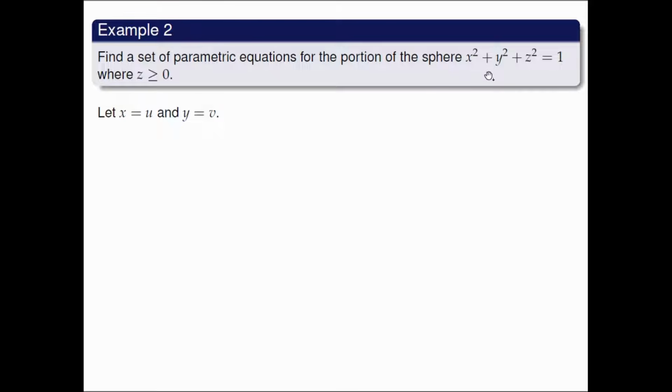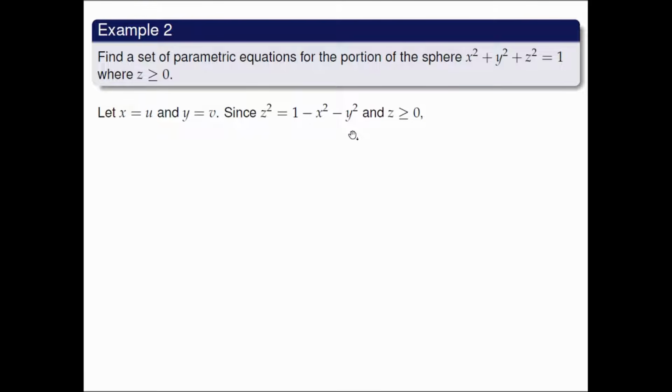From the equation of the surface, we get z squared equals 1 minus x squared minus y squared. Pag na-express natin yung z in terms of x and y, we get z equals plus or minus square root nito.